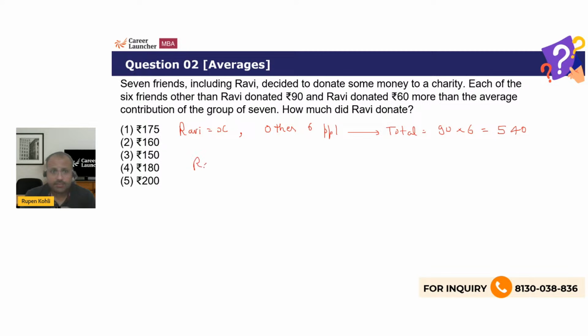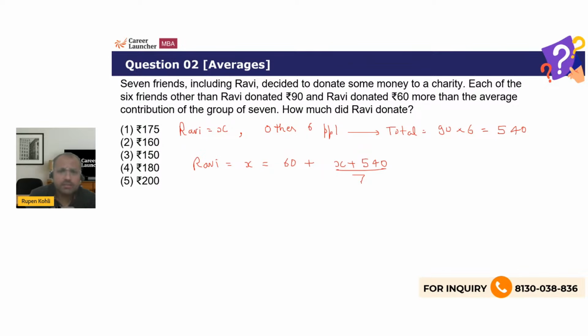So Ravi's contribution, which is X, is equal to 60 plus. Ravi donated 60 more than the average of the group of 7. So Ravi's contribution of X should be 60 more than. Now I have to write an equation for the average of all 7, which will be the sum of all the contributions, which is X plus 540 whole upon 7.